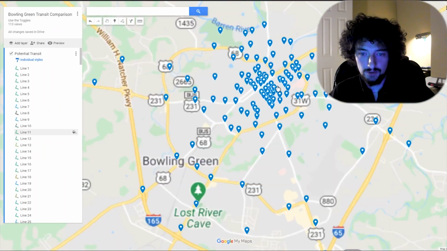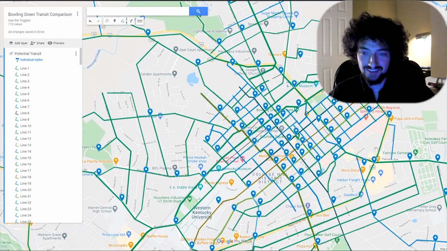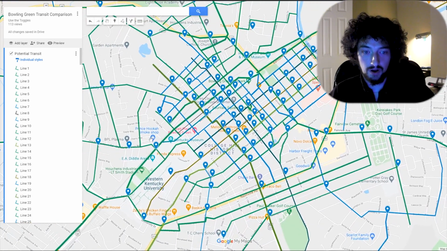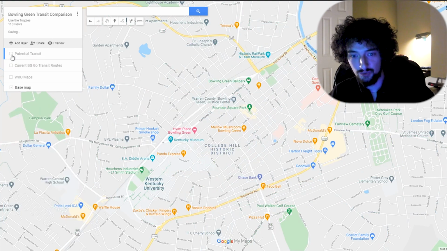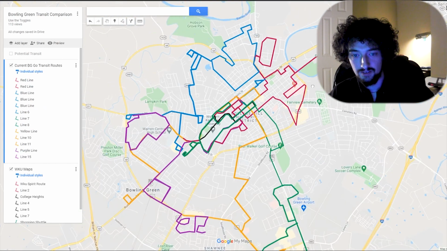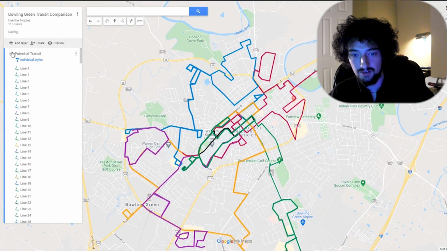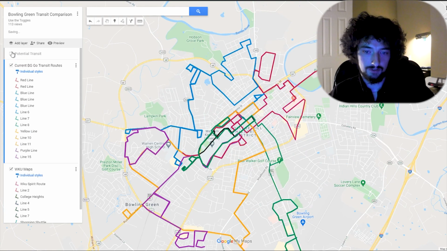So every dot you see here is a potential transit stop. You can obviously see that the grid here is back. We have a huge amount of servicing across the neighborhoods, which if we compare that to what exists currently, there are a lot more stops that can be serviced.